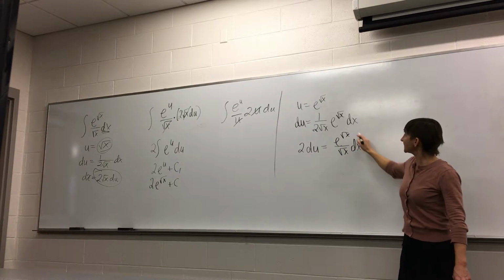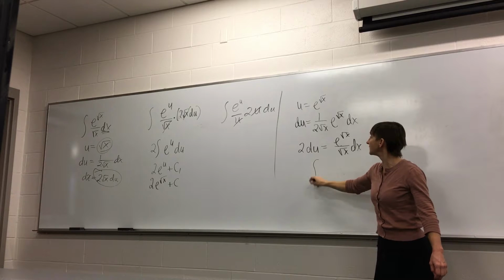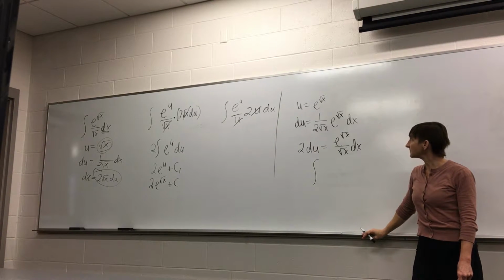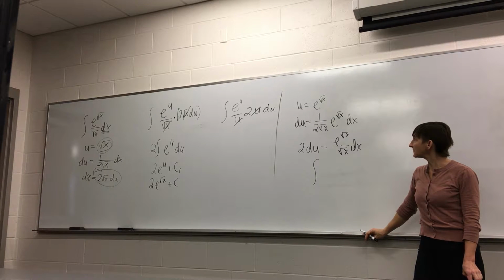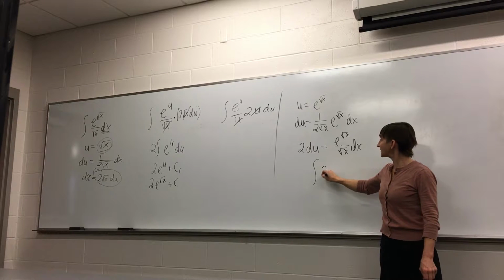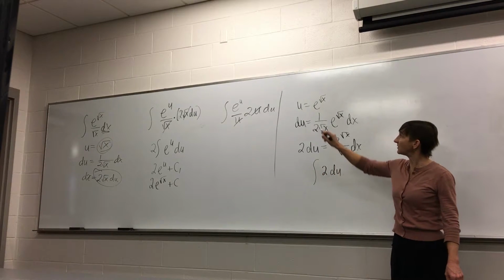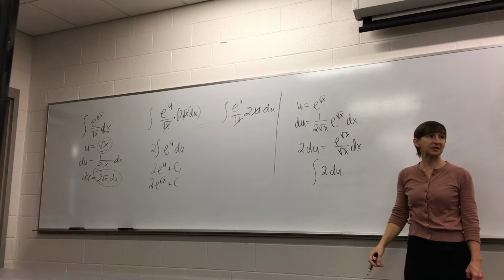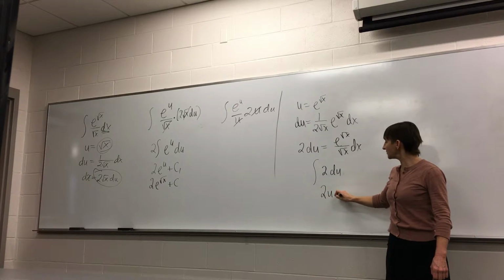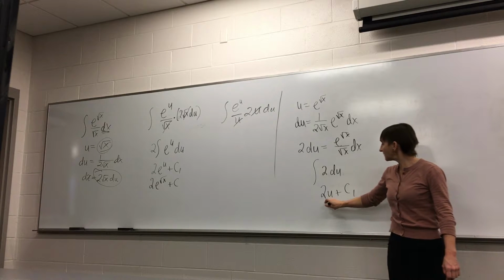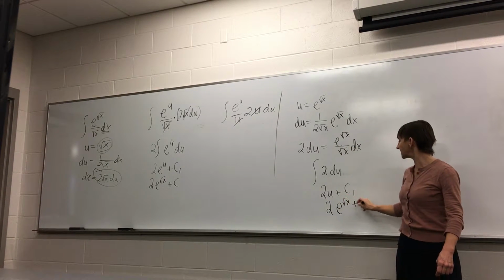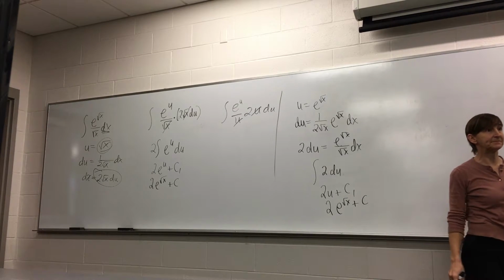That would replace that entire integral with 2du. The whole entire inside gets replaced with 2du, which the integral is 2u plus some c, which is 2 times e to the square root of x plus c. And you get the same answer.